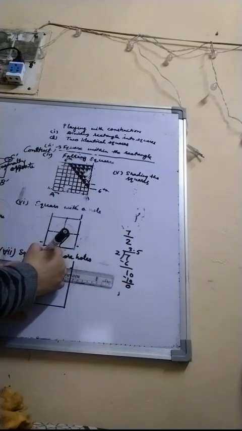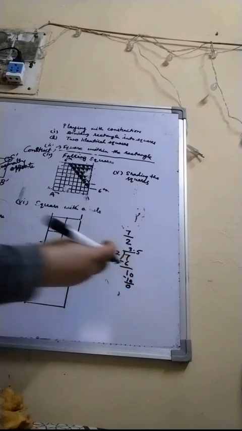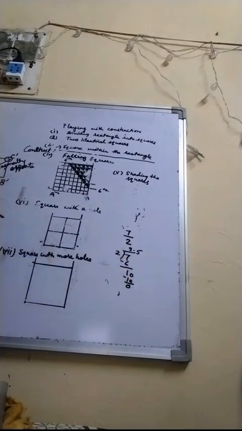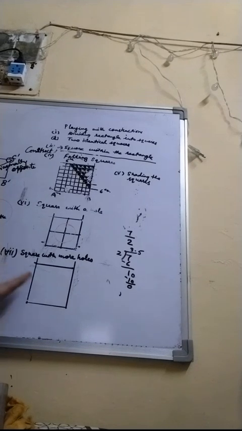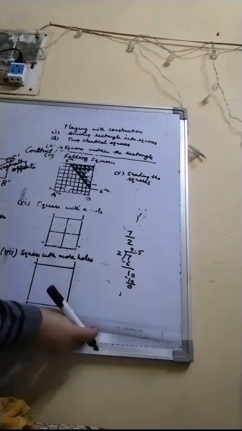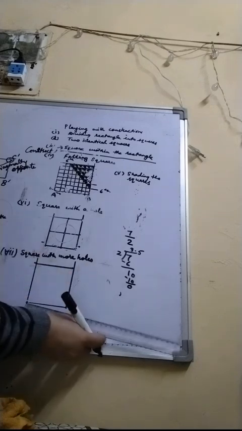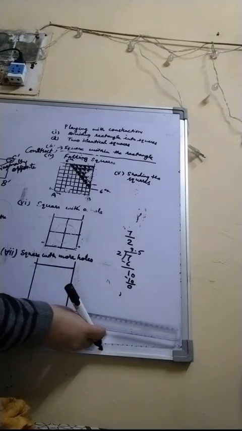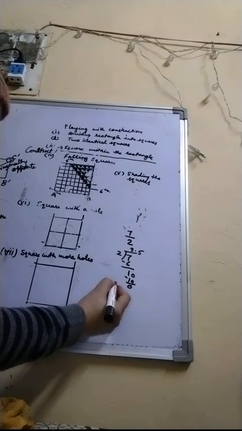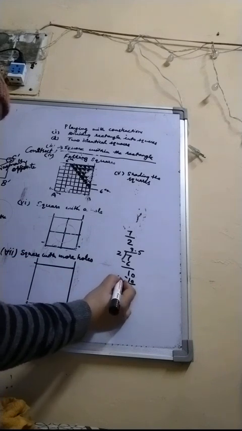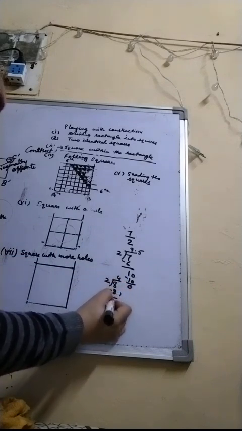Now what it is asking is, you have to put many holes in this square, like 4 holes inside this square. What would we do? The process would be similar. First, you have total 8 centimeter. You would divide 8 by 2. You would get 4.